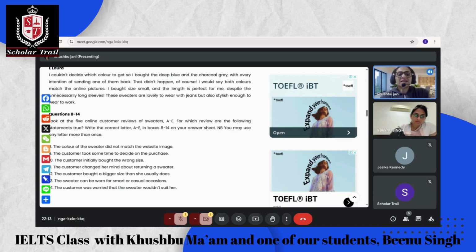But always understand that the part of the paragraph labeled with one alphabet has many parts of information. What they do is divide the information: they give one part of the information as one number, take a second part as the second number, and then ask us to match.